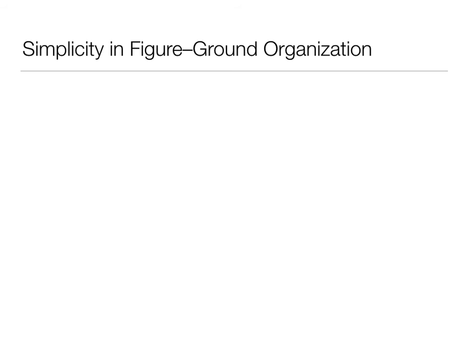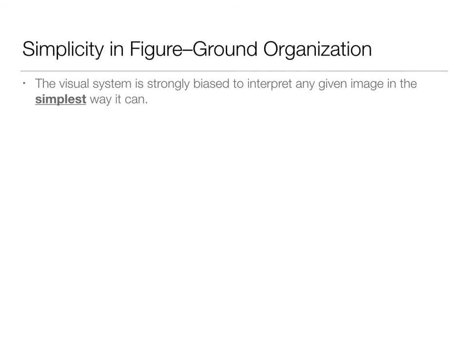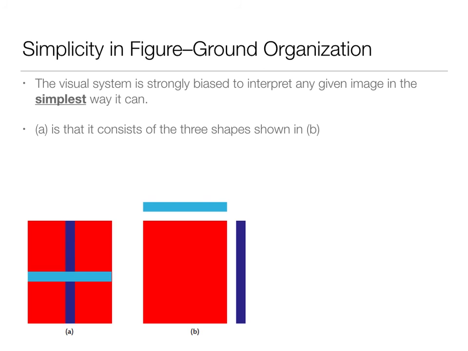The final principle we're going to talk about in figure to ground organization is simplicity. This is the idea that the visual system is biased towards the simplest solution. So if it's given a choice between a complex perception of something versus a simpler perception, it's going to pick the simpler one every time. So in image A, we're more likely to perceive three objects, a red background with a blue line and a light blue line on top of that, because that is the simplest explanation.